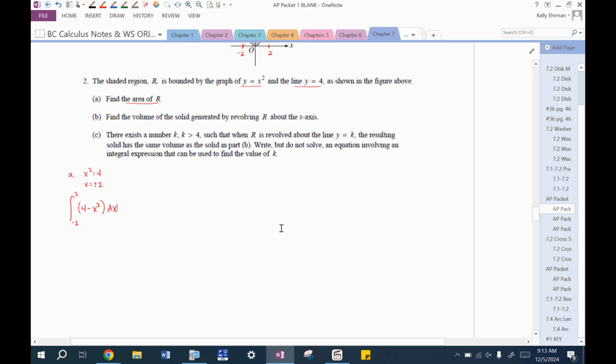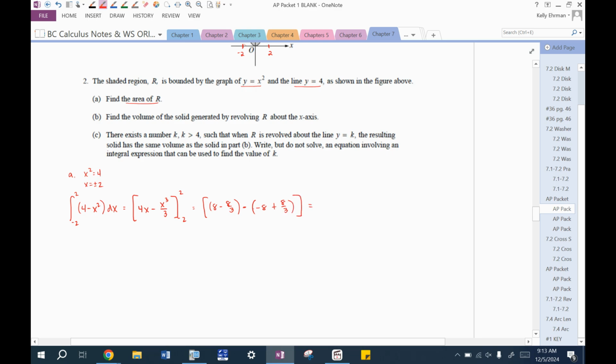Because it's no calculator, we've got to go ahead and do this number crunching here. So this is going to be 4x minus x cubed over 3, evaluated from negative 2 to 2. That's going to give us, when we plug in 2, 8 minus 8 thirds. Minus, when we plug in negative 2, we're going to get negative 8 plus 8 thirds. Now do the rest of this math however you need to.